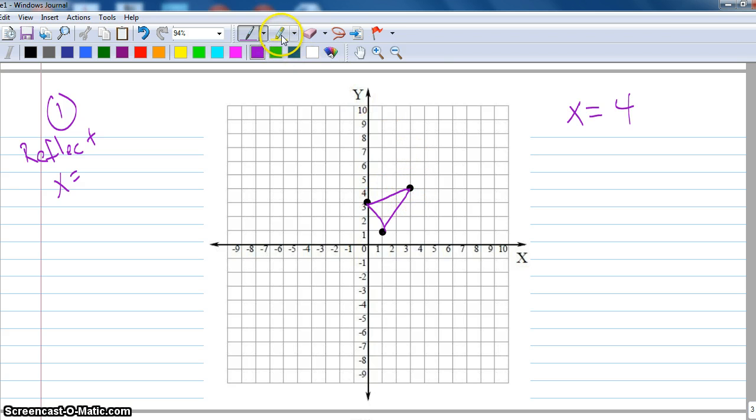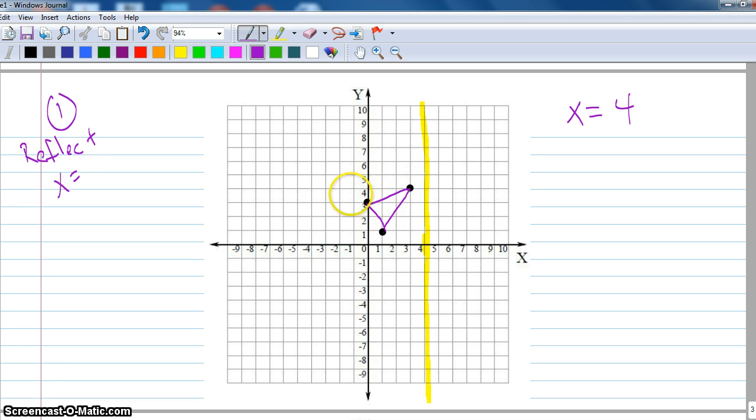Now remember, I need to reflect across the line x equals 4. So here's x. Go to the 4. Make a vertical line, sorry. And this is the way you do it. So here are the points.